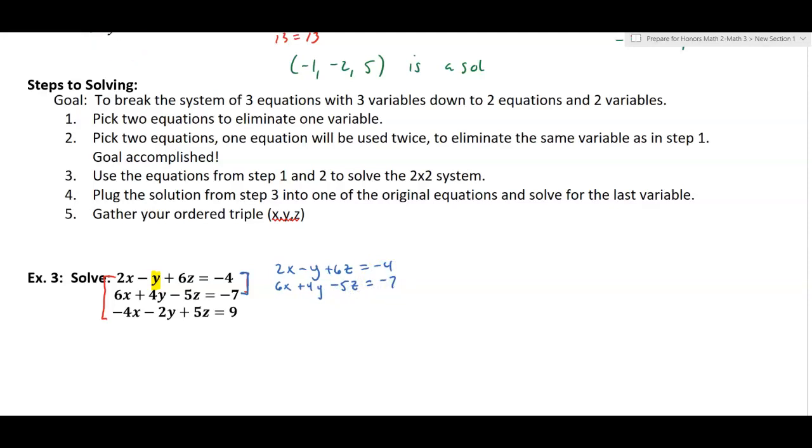Now what I'm going to do with this, if I multiply this top equation by 4, that would give me 8x minus 4y plus 24z equals negative 16. I'm going to keep the bottom equation the same.